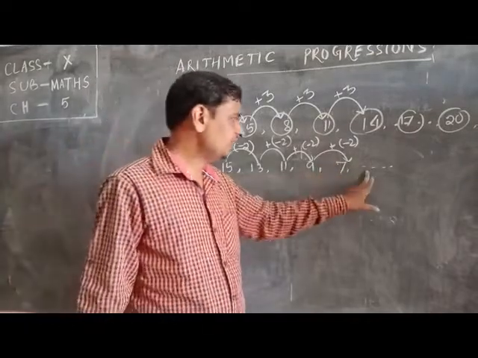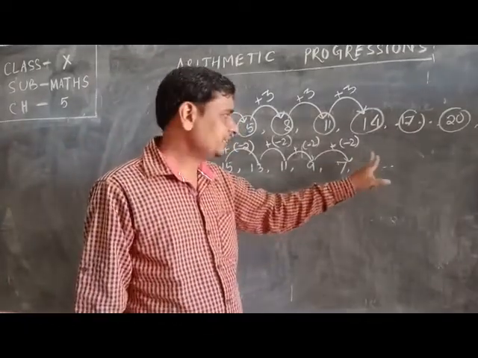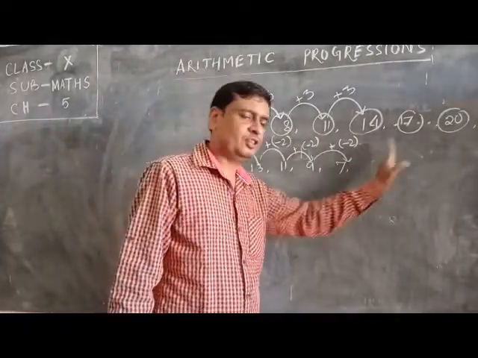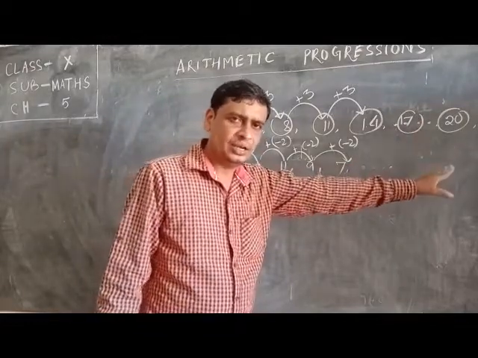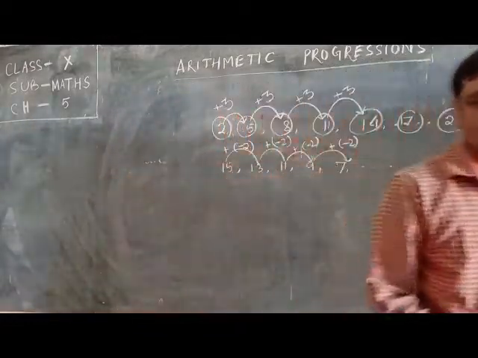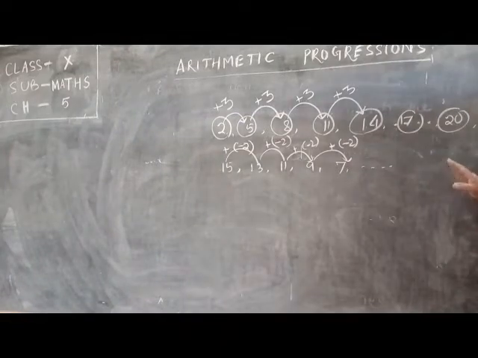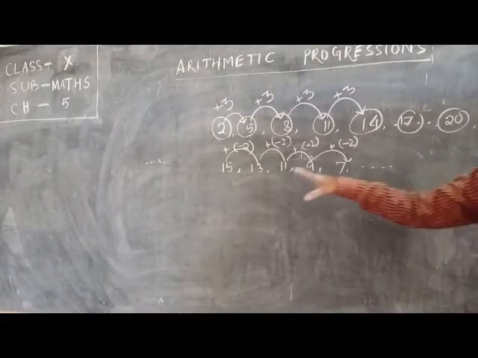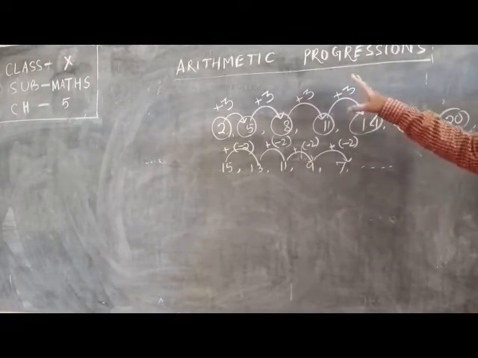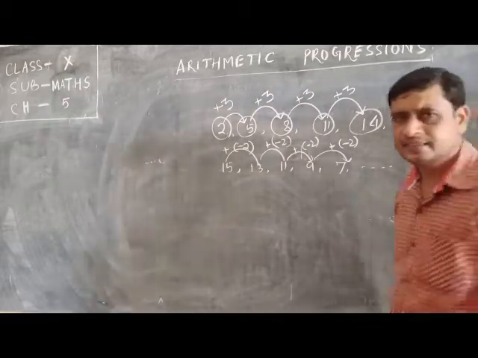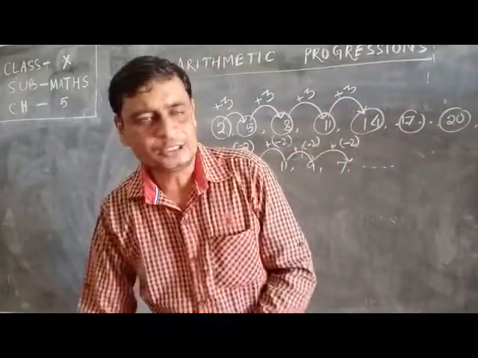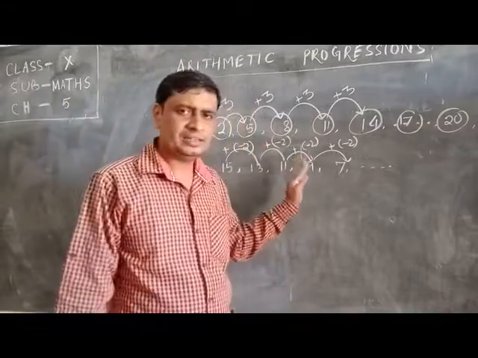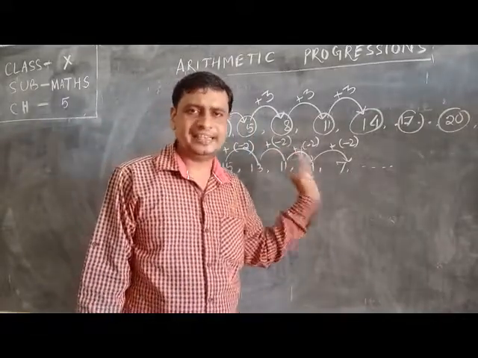The next term will be 7 plus -2, that is 5. Next will be 3. Next will be 1. Next will be -1. In this case, we get a series that becomes an AP. Since the difference of any two consecutive terms is equal, this series is called an AP.